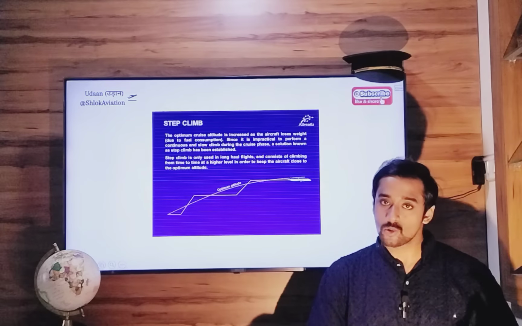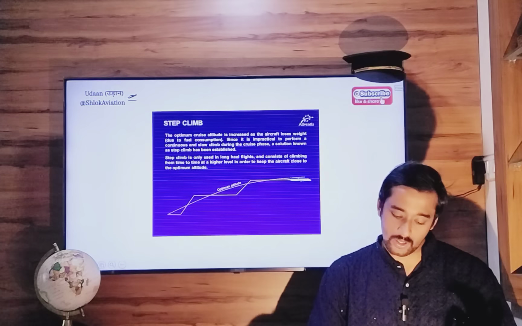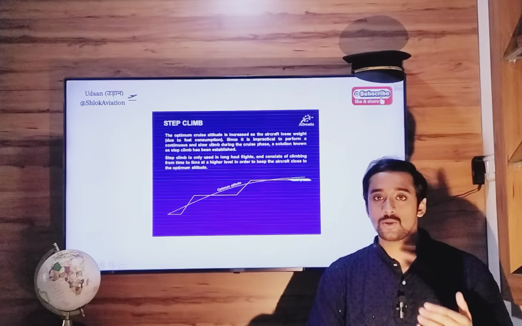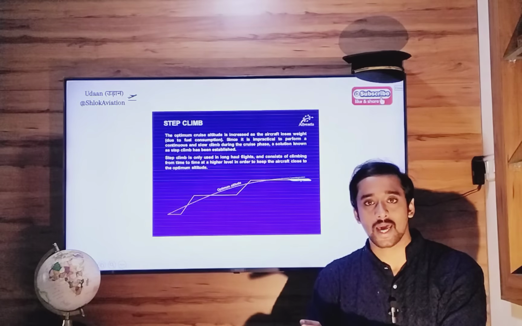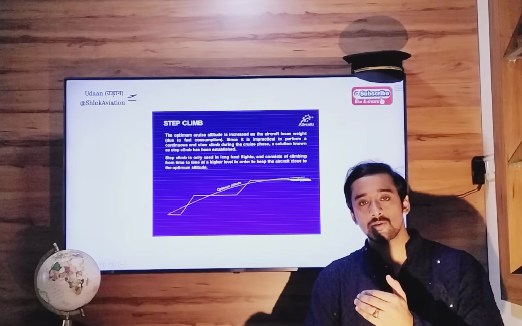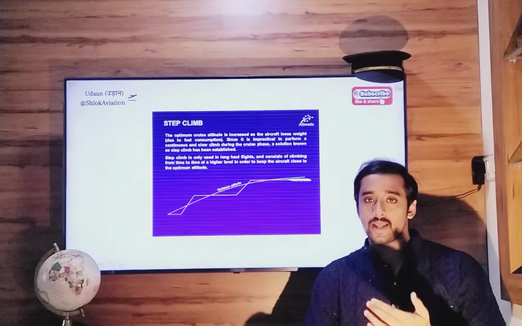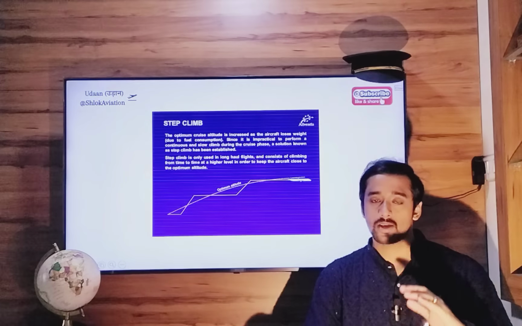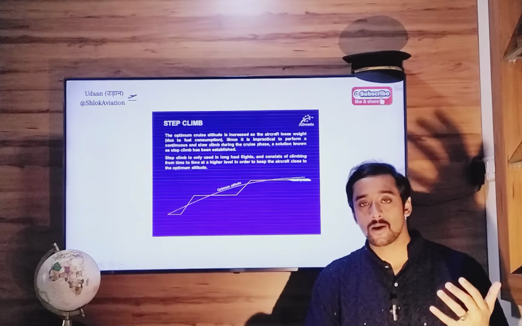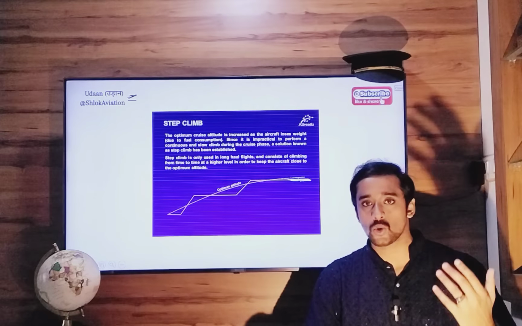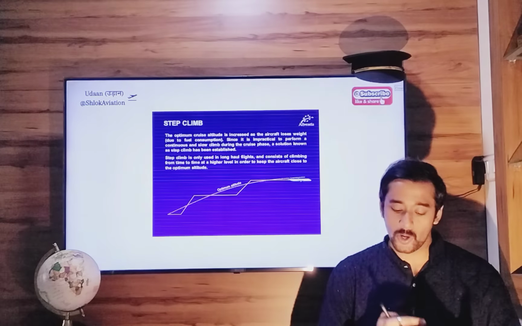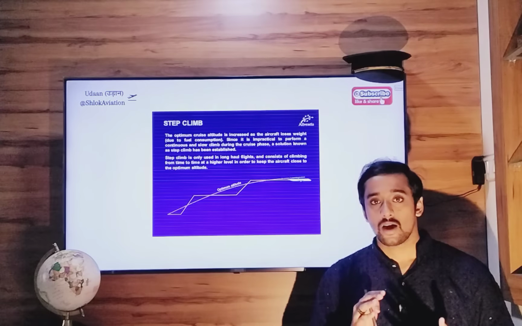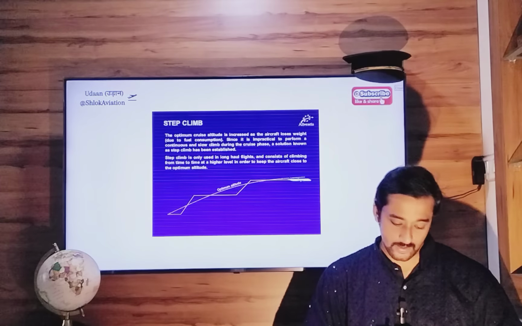So the optimum cruise altitude, the perfect cruise altitude, is increased. As you keep burning the fuel in your fuel tanks, the optimum cruise altitude that you can go to keeps on increasing. First it is 25,000, next it will increase to 28,000, then 32,000, so on and so forth. So it is increased as aircraft loses weight, and you are going to lose your weight owing to fuel consumption.